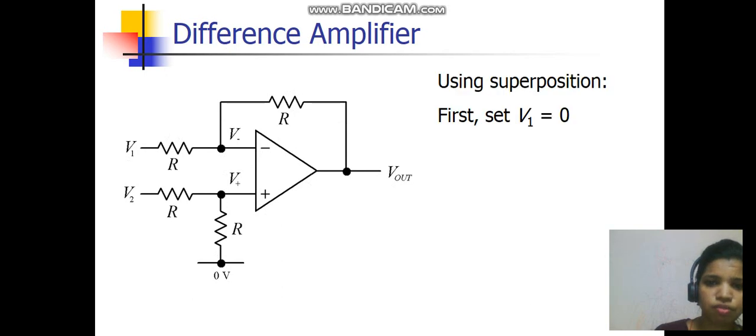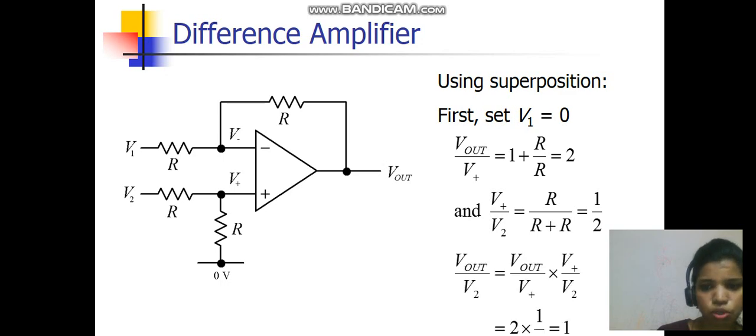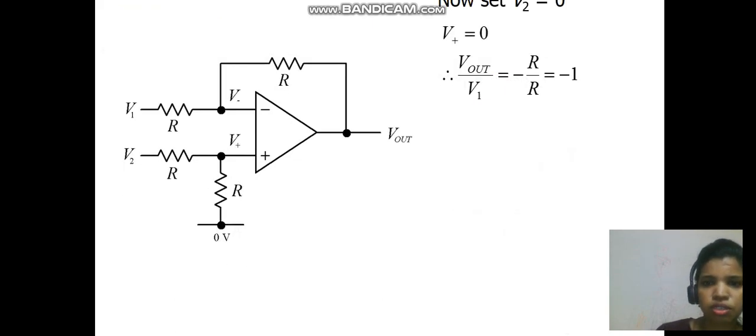Then the difference amplifier, the output will be equal to the difference of the input signals. How to calculate? See, V1 minus V by R equals V minus V out upon R. Same here, V2 minus V upon R equals V minus 0 upon R. After solving this, we will calculate V out in terms of V1 and V2.